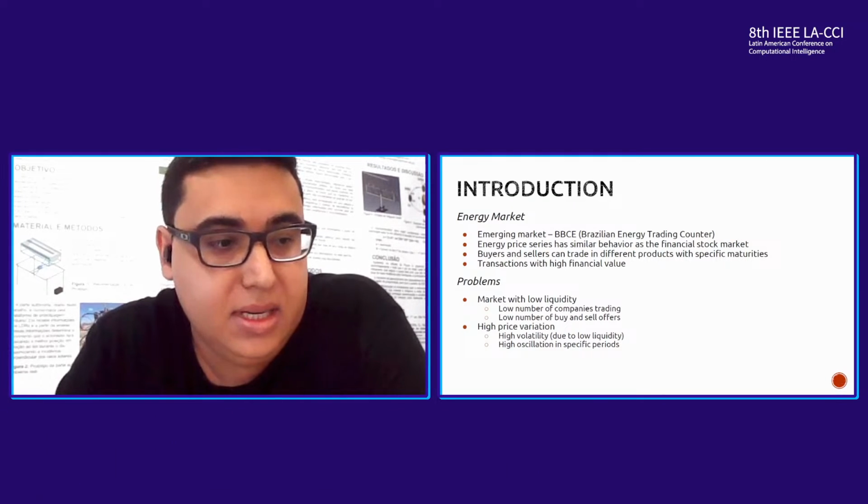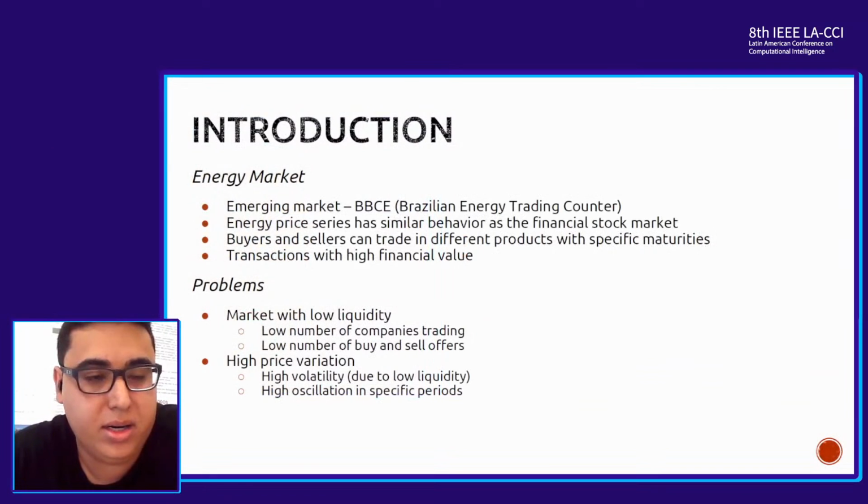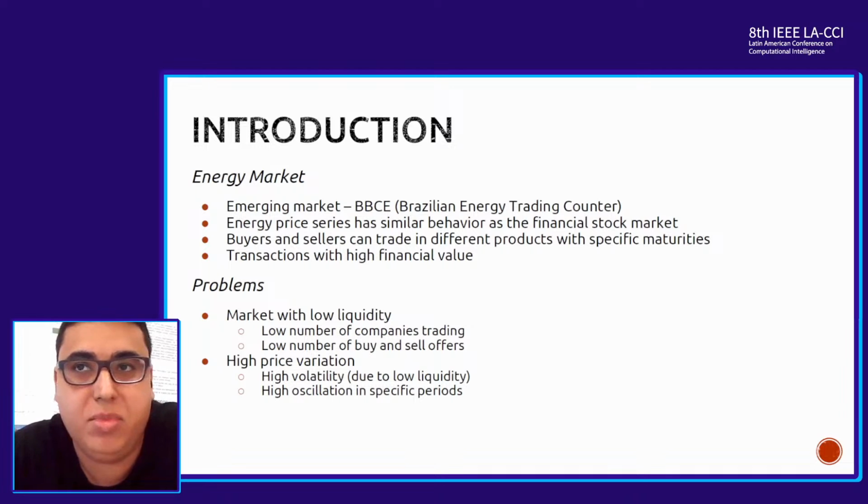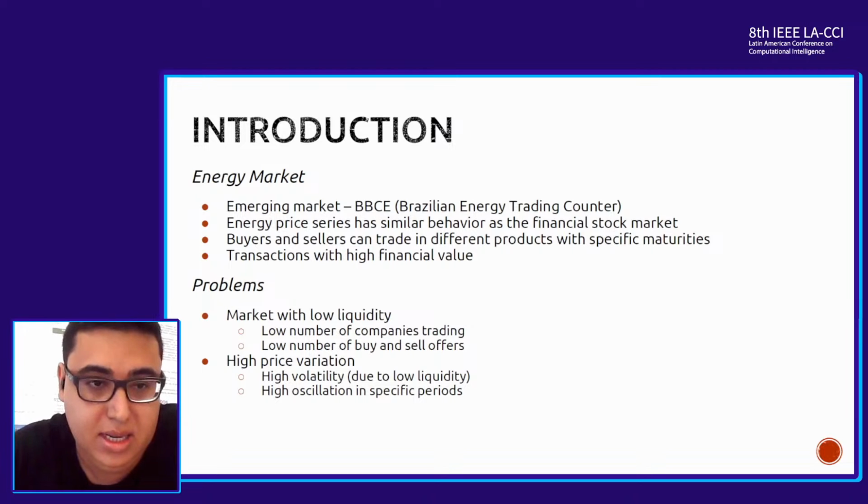We compare the behavior of this energy market to a financial stock market, so that we can try to predict the trends of the energy, and also use these trend predictions as input to another framework for risk management and so on for companies that can buy or sell energy in this market.